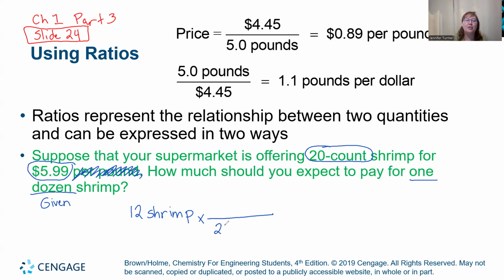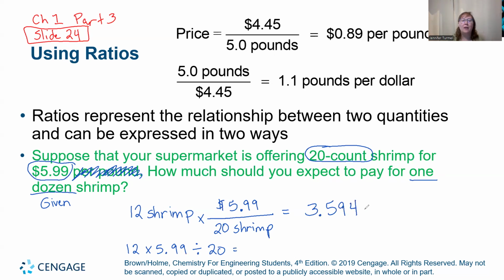If I have 20 shrimp, I will pay $5.99. And this tells me how much I'm going to pay for 12 shrimp. So you might ask, how do I put that into my calculator? You're going to say 12 times 5.99 divided by 20. On your calculator, that gives you 3.594.